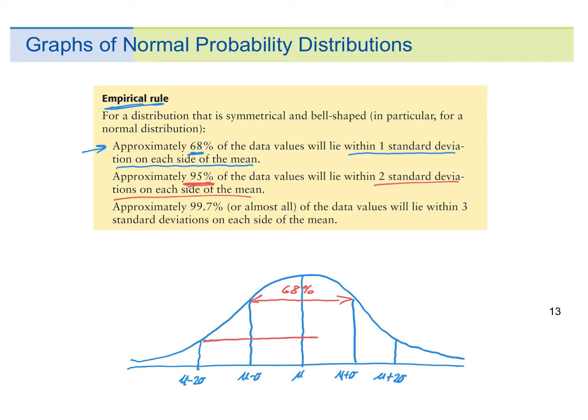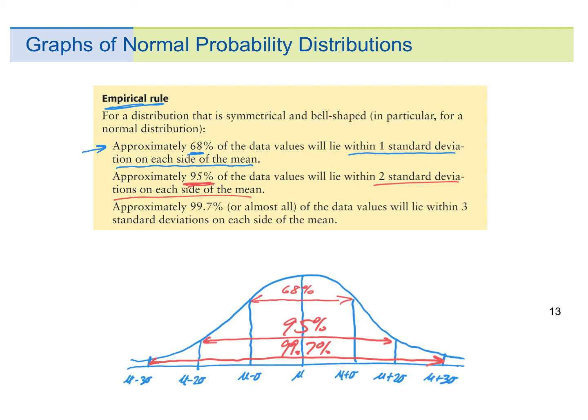So from this line right here to this line right there, 95% of the data is located between those 2 values. And lastly, way over here with a flick, way over here with a flick, this is considered to be mu minus 3 standards, mu plus 3 standards, and from here to here, 99.7% of the data will be located between those 2 values.